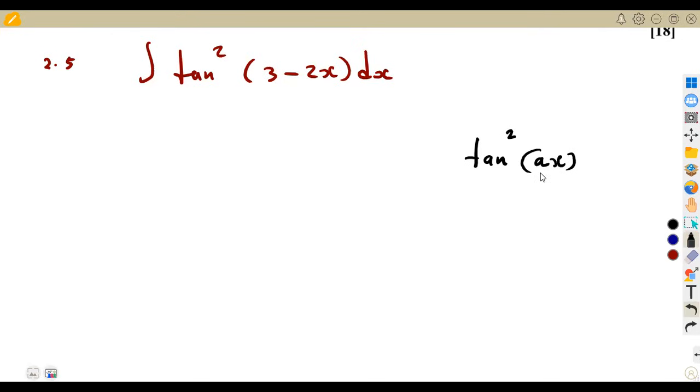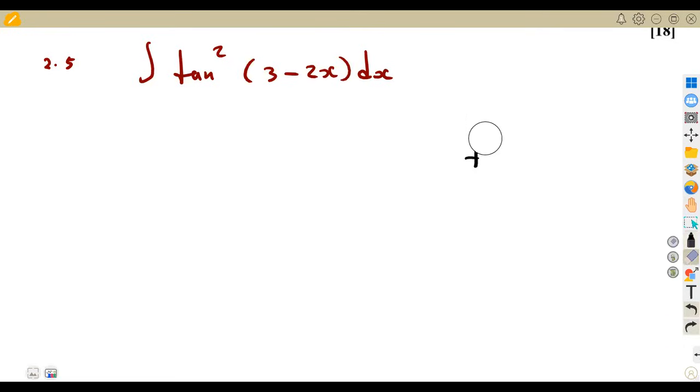So what does it mean when it is tan squared ax? It means we are just dealing with a single term and it's linear. So yes, it's a tan squared, but this one is 3 minus 2x. If it was tan squared f of x, we were going to use it, because they are saying any f of x can be used, but they are specifically mentioning that it must be in the form of ax, not an expression of this nature.